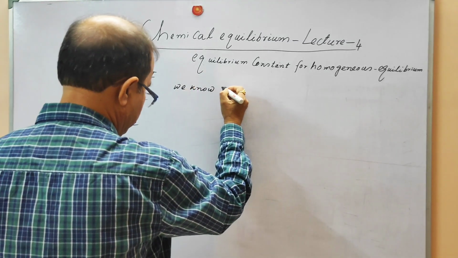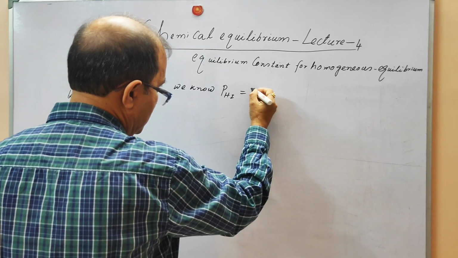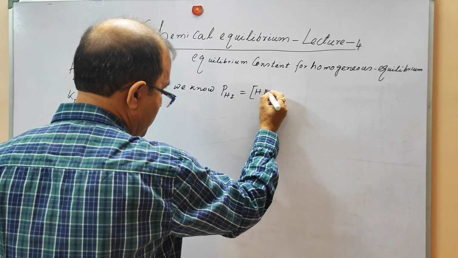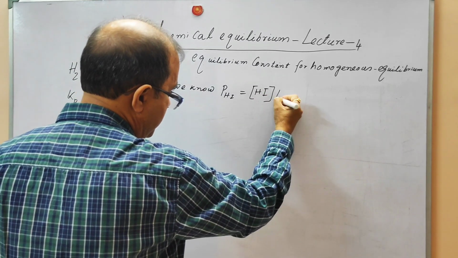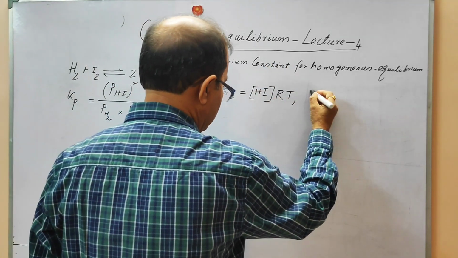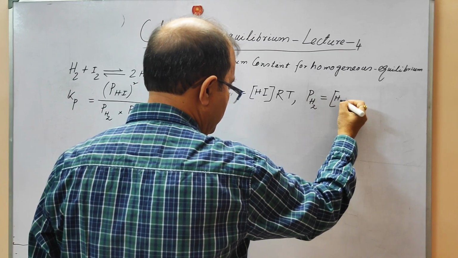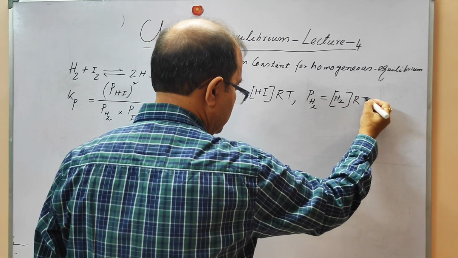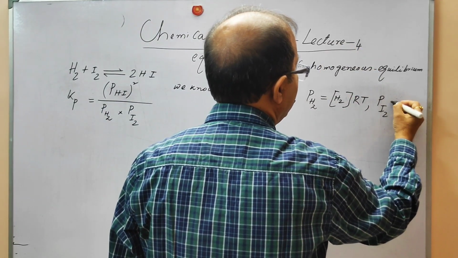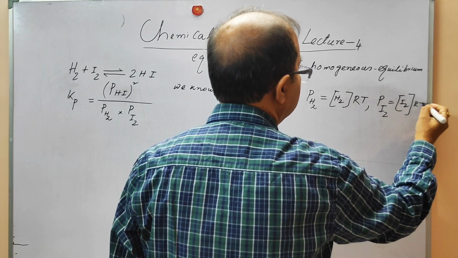So we can write the partial pressure of HI is equal to its concentration, given by the square bracket, into RT. In a similar fashion, the partial pressure of hydrogen is the concentration of hydrogen into RT, and for iodine gas it will be the molar concentration of iodine into RT.